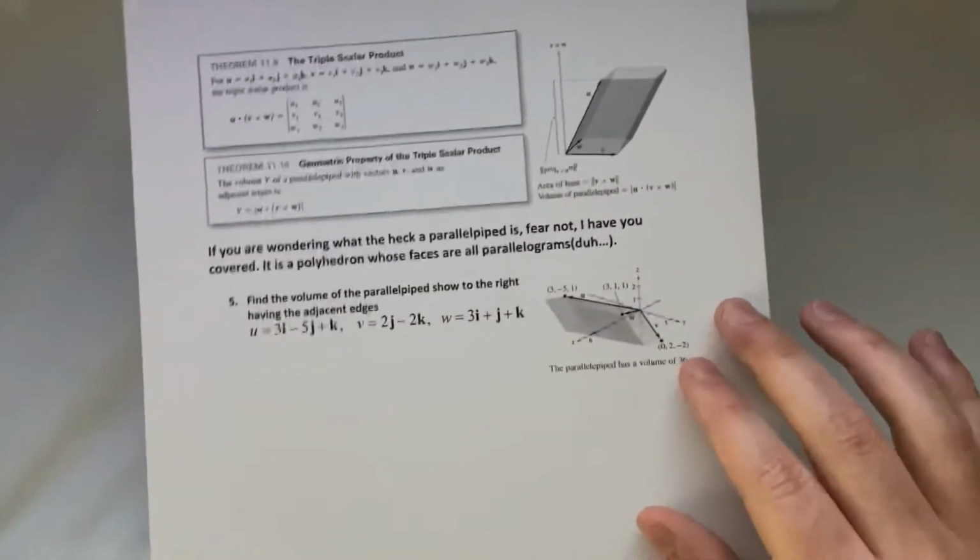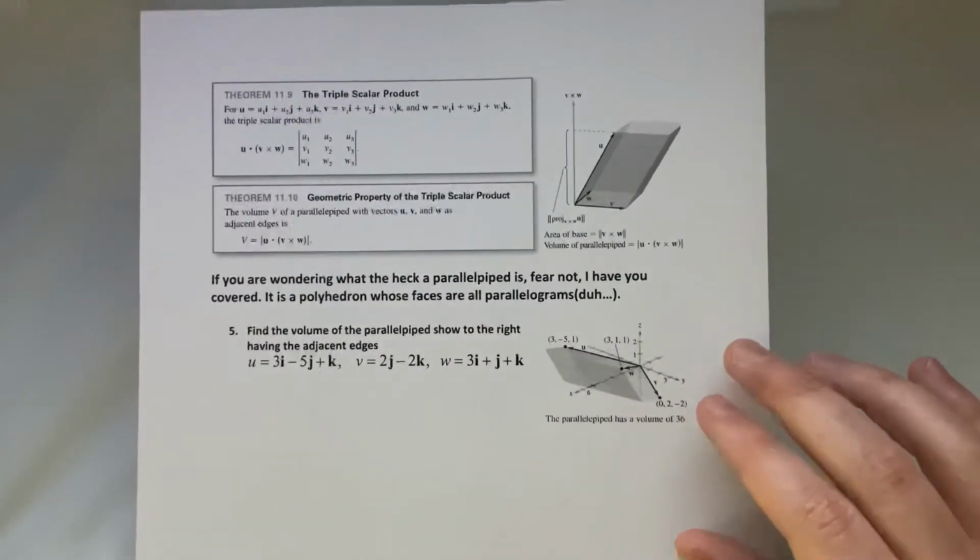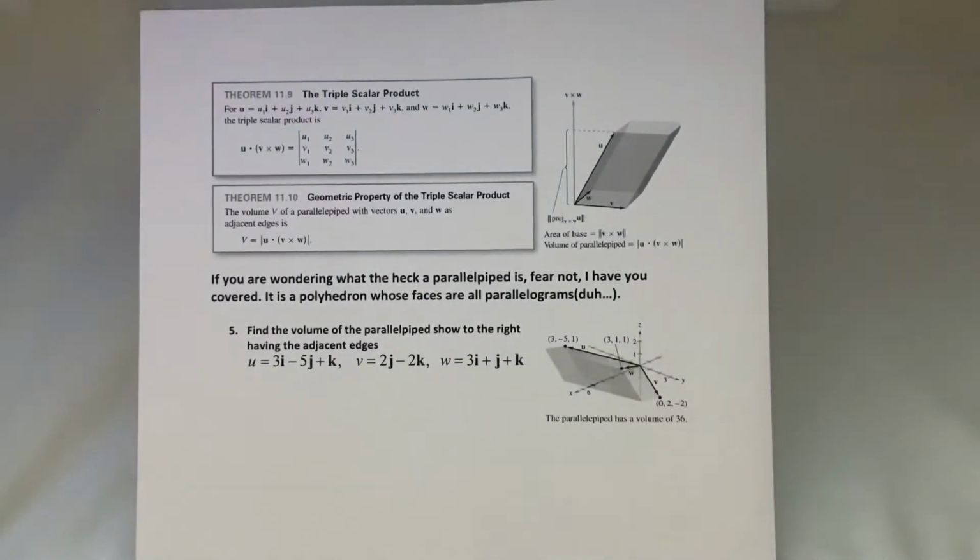Now lastly, for 11.4, we've got the triple scalar product. That is if you have 3 vectors and you need to use this dot cross product hybrid. It's the same as doing a 3x3 matrix. Instead of i, j, and k across the top, though, you will have u's vector components across the top.